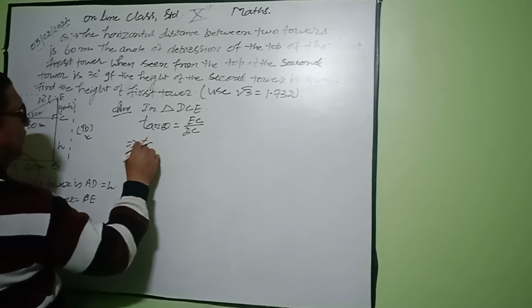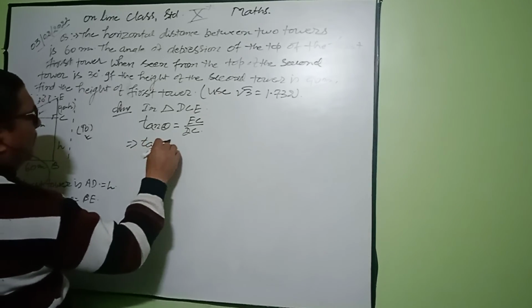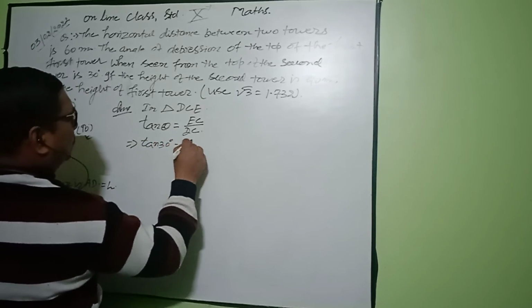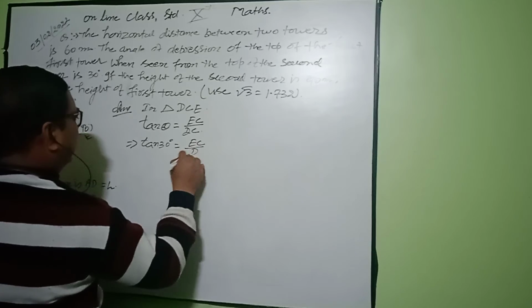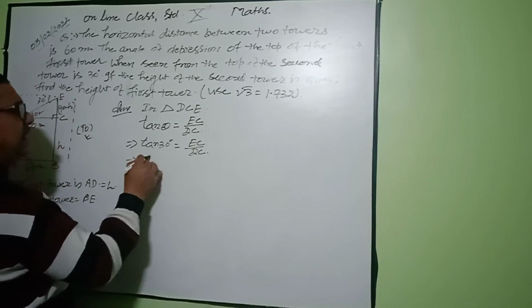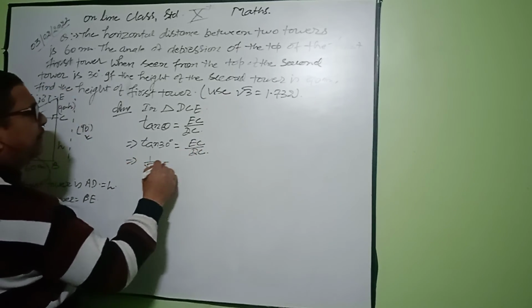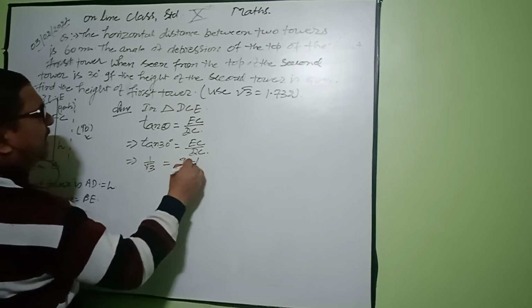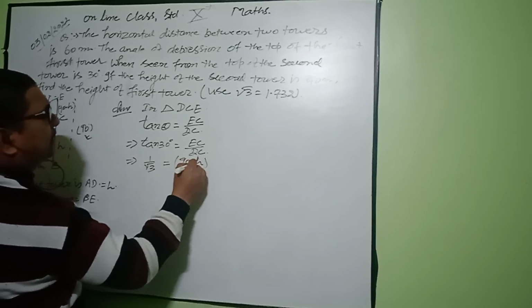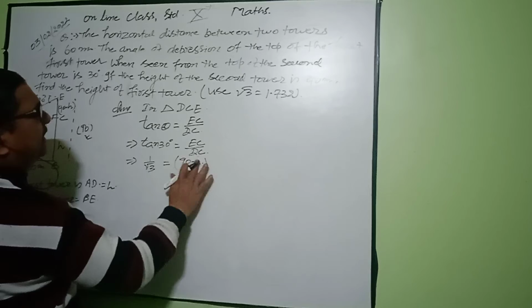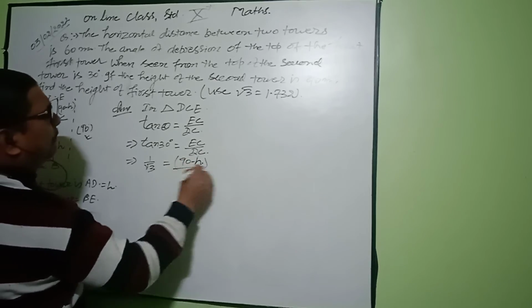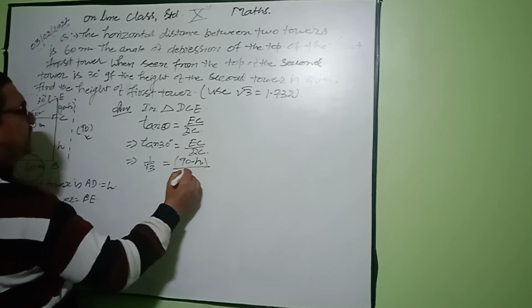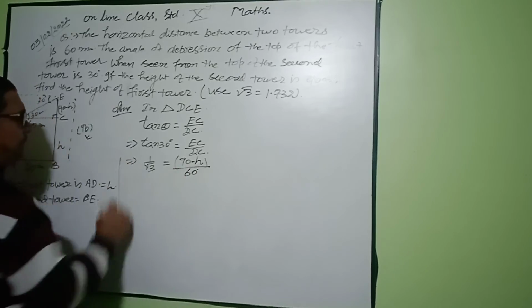Tan 30 degree equal to EC by DC. Tan 30 is 1 by root 3. EC is 90 minus H, by DC is 60 meter.